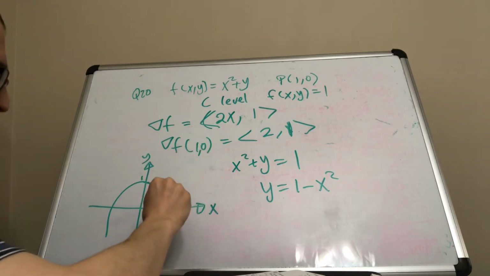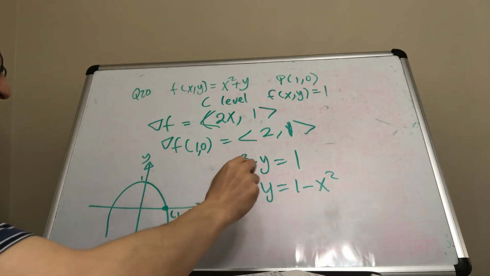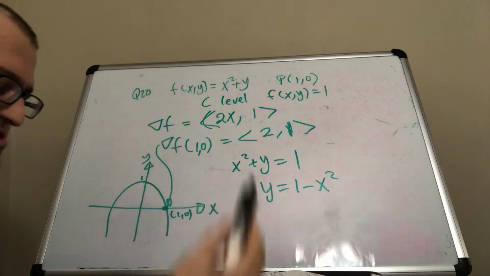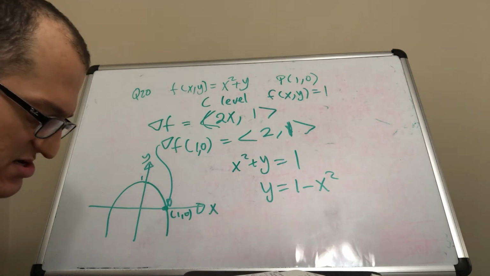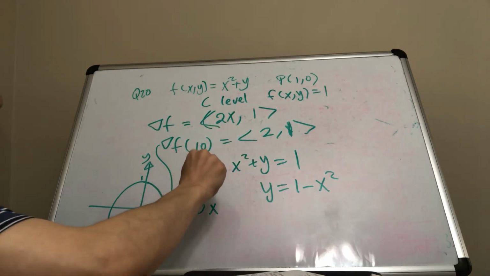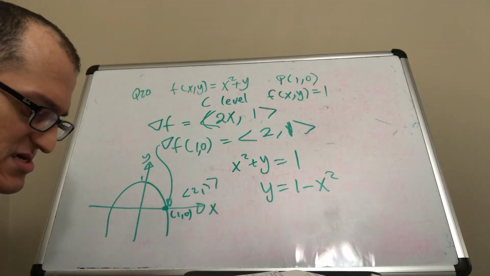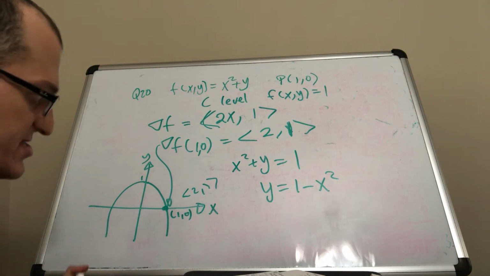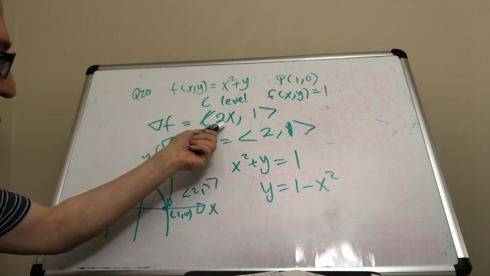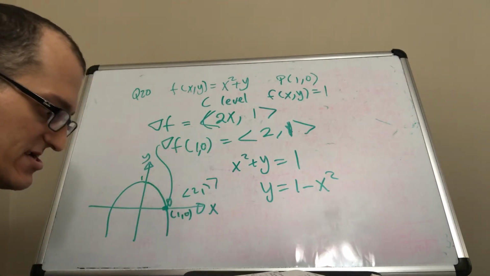This is the point (1, 0). And the gradient pretty much means the tangent of the curve in this case. So that's another way of asking for the gradient. And remember, gradient is basically the derivative in terms of x, in terms of y, and you plug in the point. Okay.